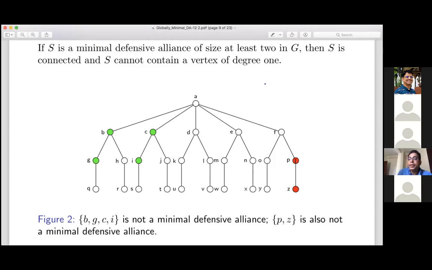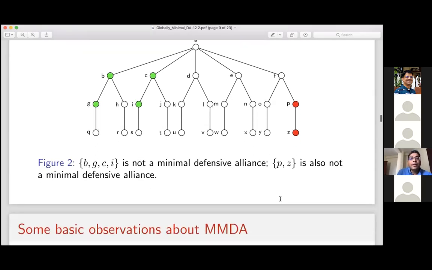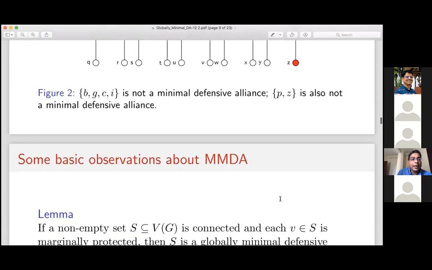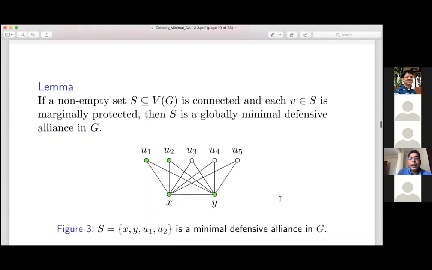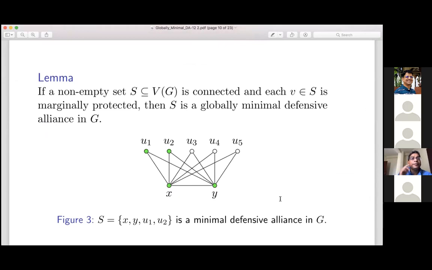Suppose I move P out of S, then Z has one neighbor outside and one neighbor inside, so Z is still protected. So that's true. If a defensive alliance contains a vertex of degree 1, then this is not going to be a minimal defensive alliance.